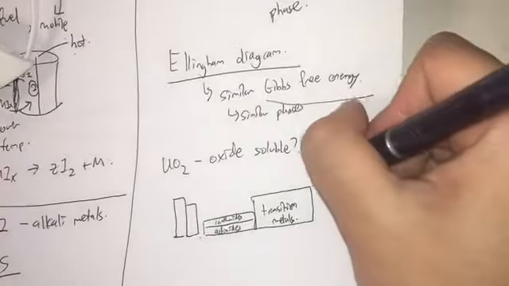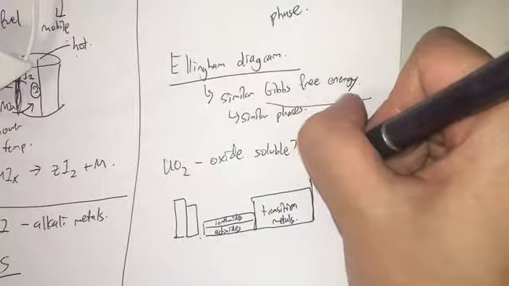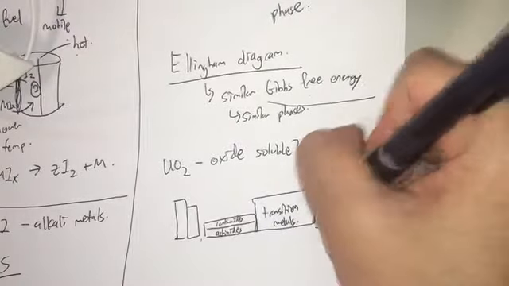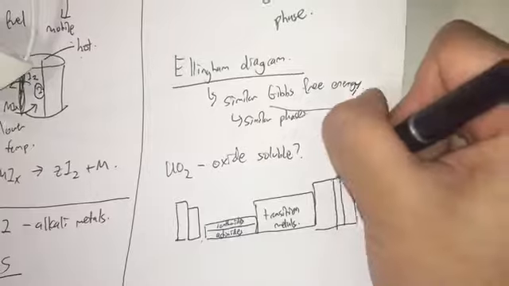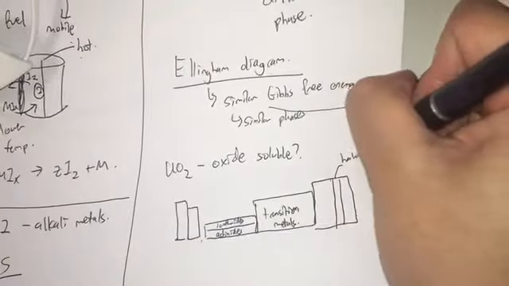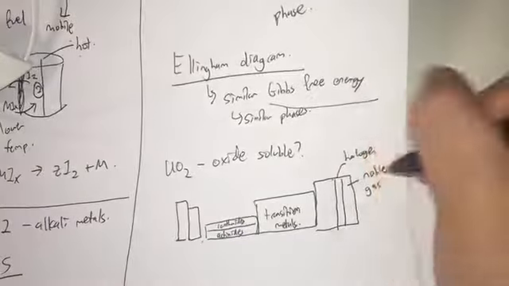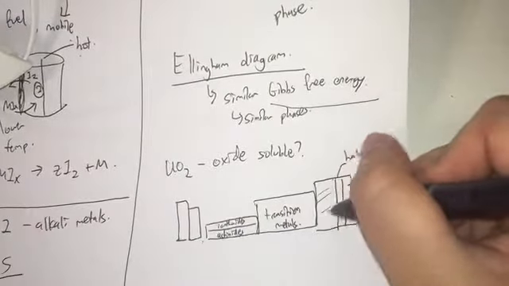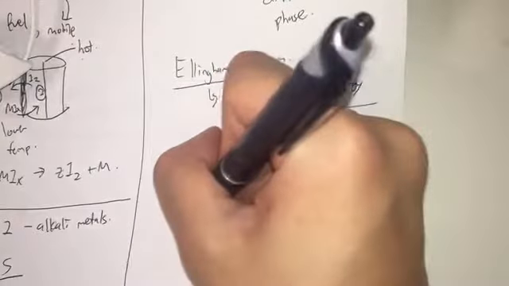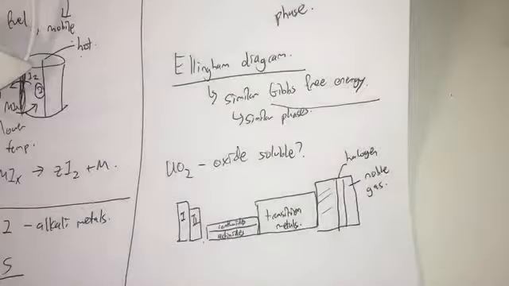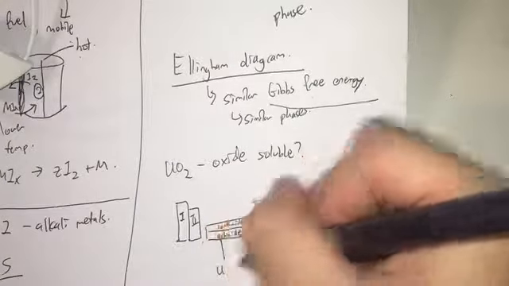Then we start to have all the other groups here, and the last two are halogens and noble gases. Then here are the amorphous and everything. So this is group 1, this is group 2. Where is uranium? Uranium is over here.